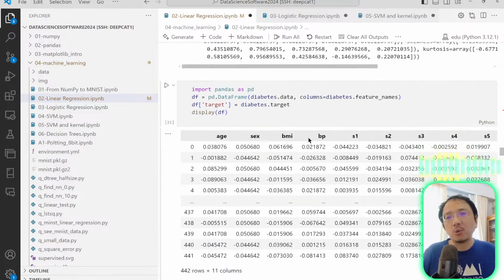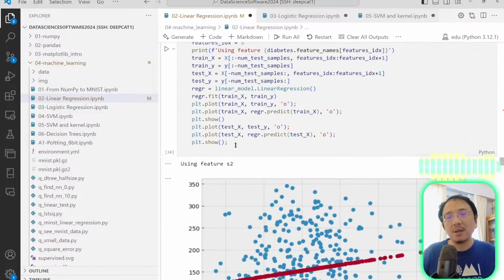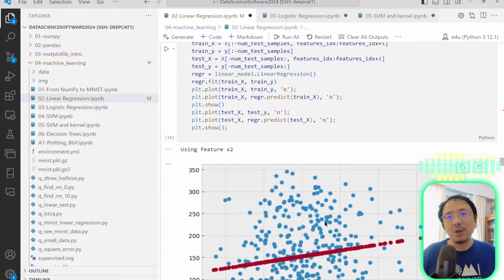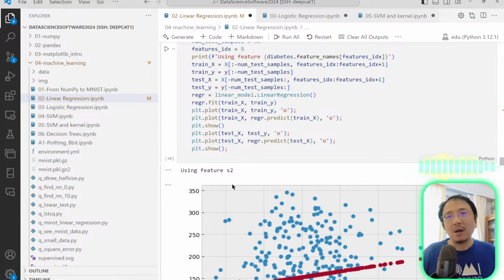The cell is just right here. So you simply change the feature index and you get a different result. It will also print the feature's name, so you can see what the label is.